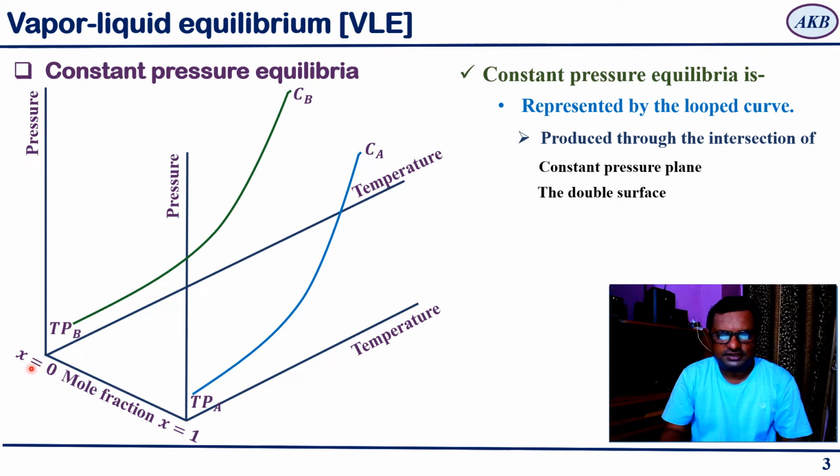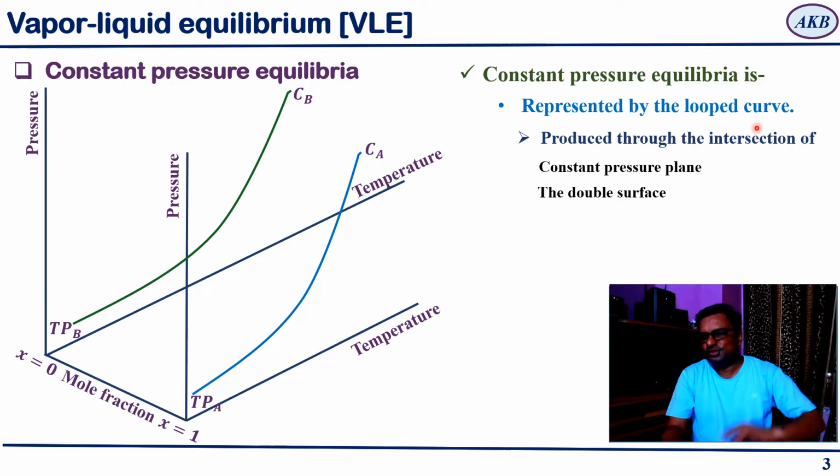That double surface extends from the vapor pressure curve for pure B to the vapor pressure curve for pure A. If you use a constant pressure plane to cut that double surface, the intersection of that plane with the double surface produces a loop curve.